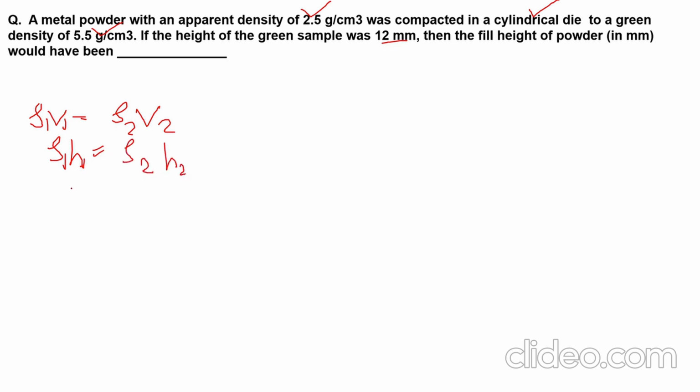Then we can find H1 as 5.5 divided by 2.5, multiplied by the height of the compact, which is 12.